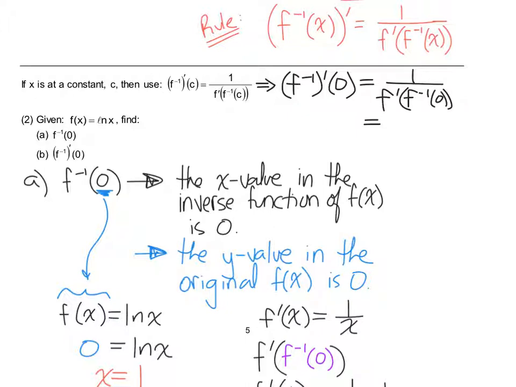Now, this part B is the left-hand side of the formula. So whatever we get as the right-hand side is going to be our answer.